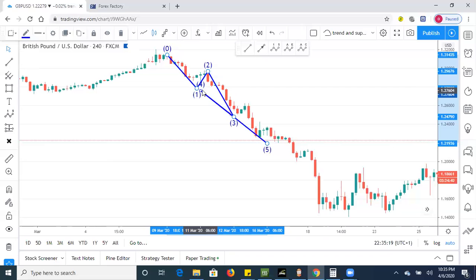But it could extend somewhere between 2 and 1 and then roll over. So somewhere around 4, between 3 and 4, you would be looking for a bearish signal to go short.